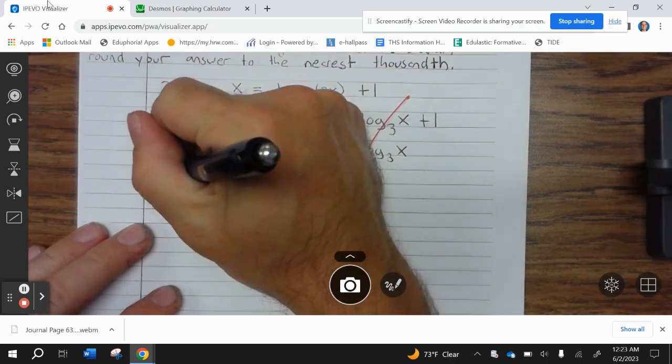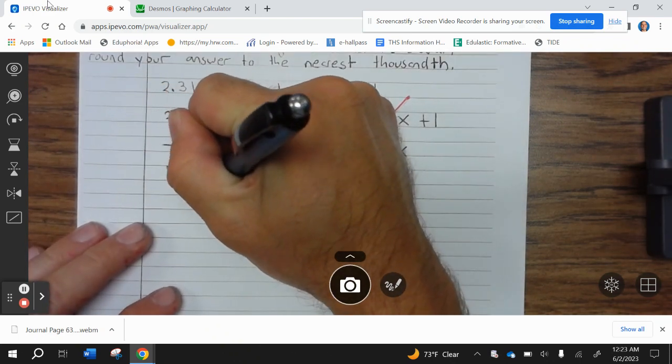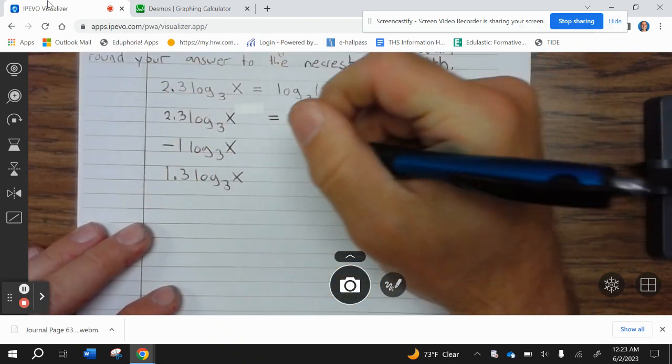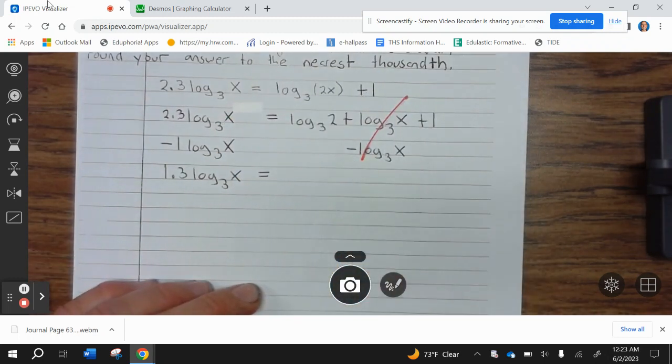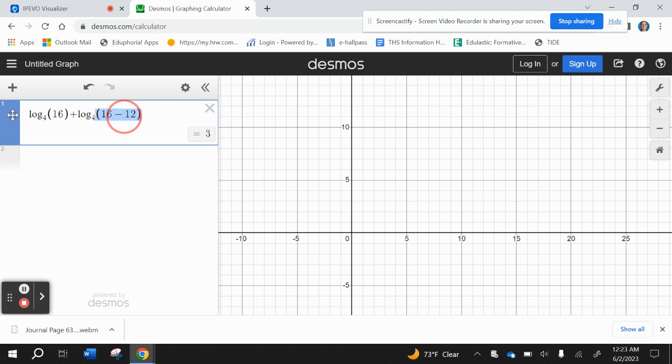You get 1.3 log base 3 of x equals, in essence, that's just a number. Log base 3 of 2 plus 1. Let's just go and get that number. Log is 1.